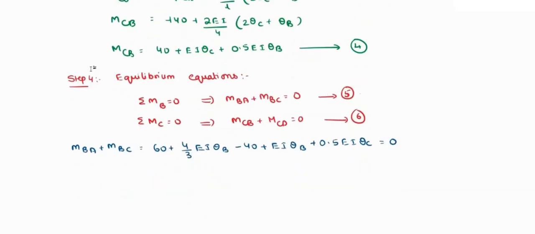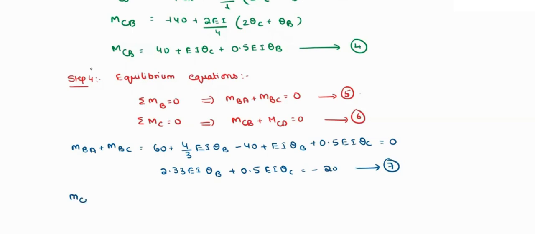So by simplifying this equation, you are going to have 2.33 EI into theta B plus 0.5 into EI into theta C will be equal to minus 20. So this is the seventh equation.